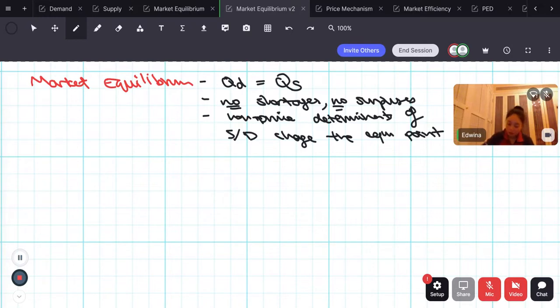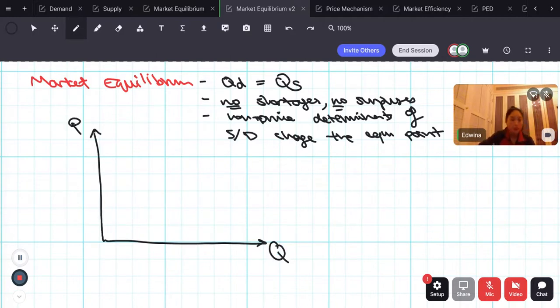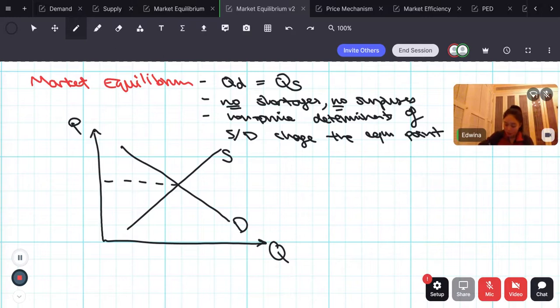And so what does the graph look like? Well, obviously we need to label the axes. And so we have the upward sloping curve of supply, the downward sloping curve of demand, and their intersection point is where quantity demanded is equal to quantity supplied. And so here we can label it as PE and QE, standing for equilibrium price and equilibrium quantity respectively.